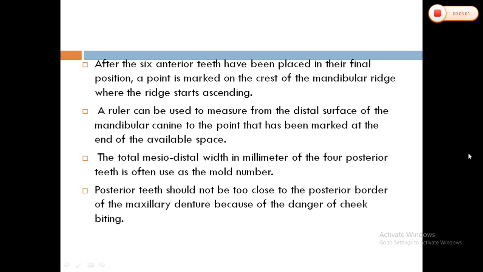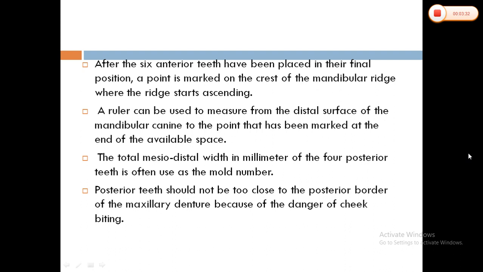After the 6 anterior teeth have been placed in their final position, a point is marked on the crest of the mandibular ridge where the ridge starts ascending. A ruler can be used to measure from the distal surface of the mandibular canine to the point that has been marked at the end of the available space.